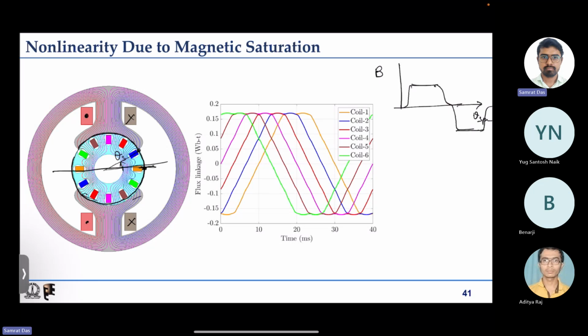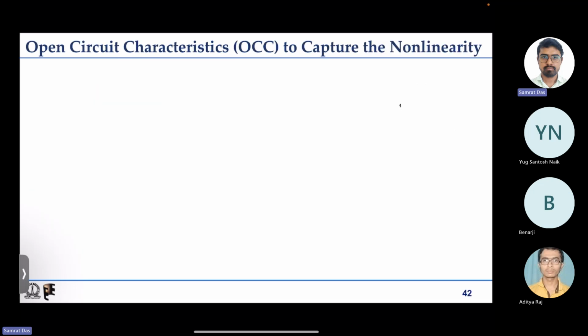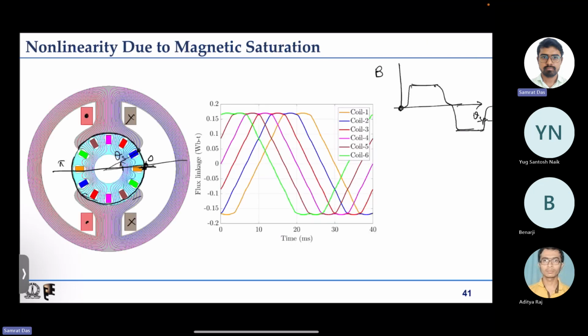Now if this is the interpolar axis for the field winding, this is 0, this is 180 degrees or pi. If we integrate B from 0 to pi, then the area enclosed by this B theta curve will give us the flux per pole.